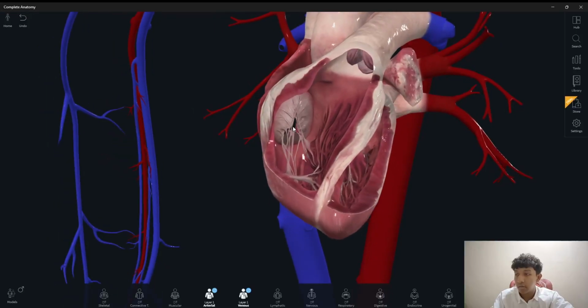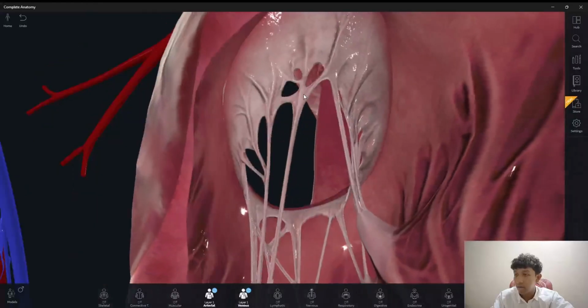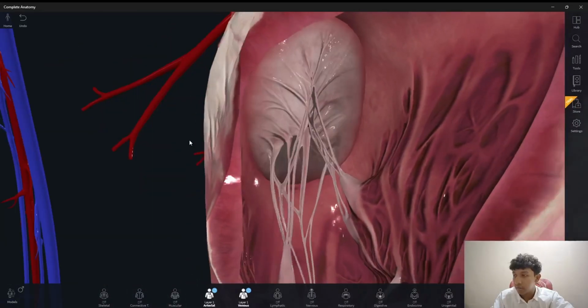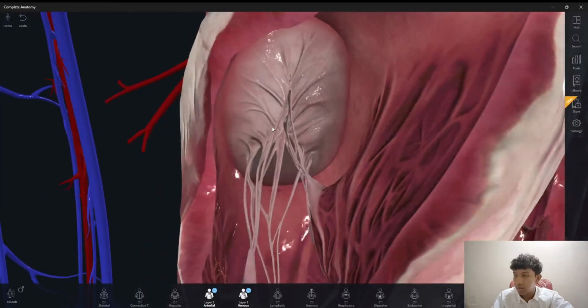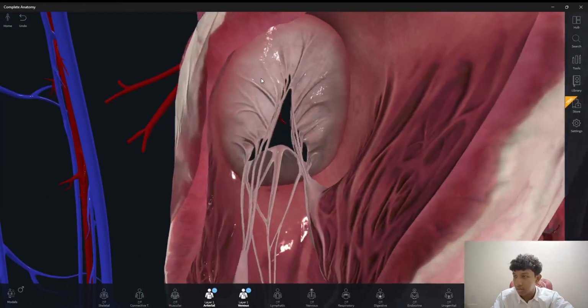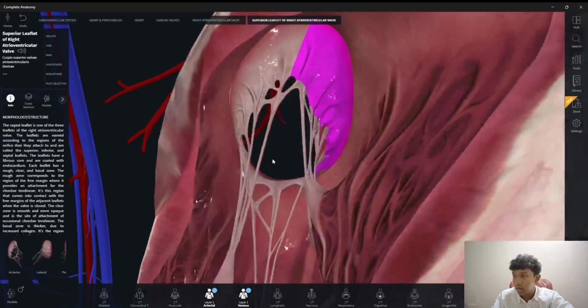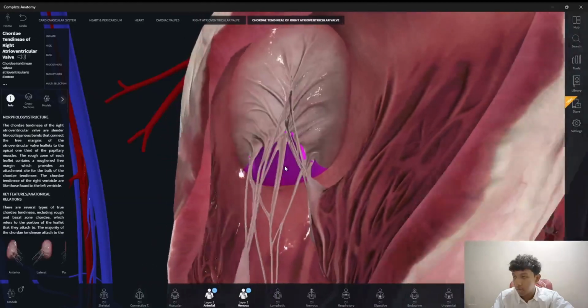There's this thing called the valve. Here we can see the valve. If you look very carefully, in a brief second you can see three leaflets opening. This was the first one, the second one, and then the third one.